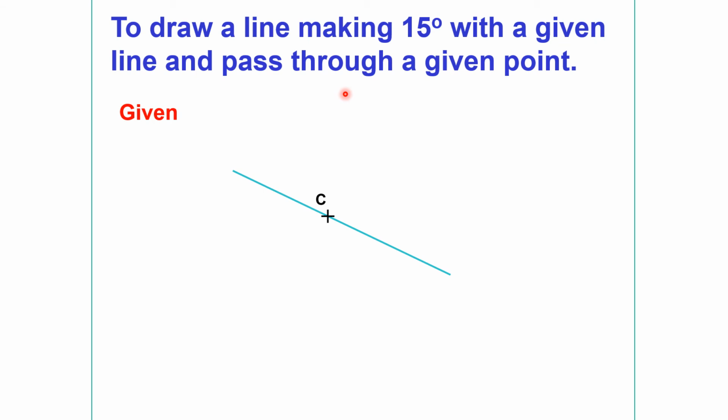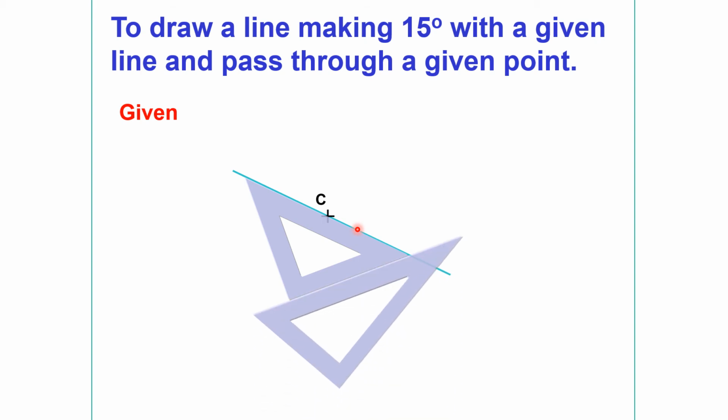To draw a line making 15 degrees with a given line, we have to draw a line which will make an angle of 15 degrees with this line. Here, 45 degree. Okay. Now we make the platform of 30 degree.